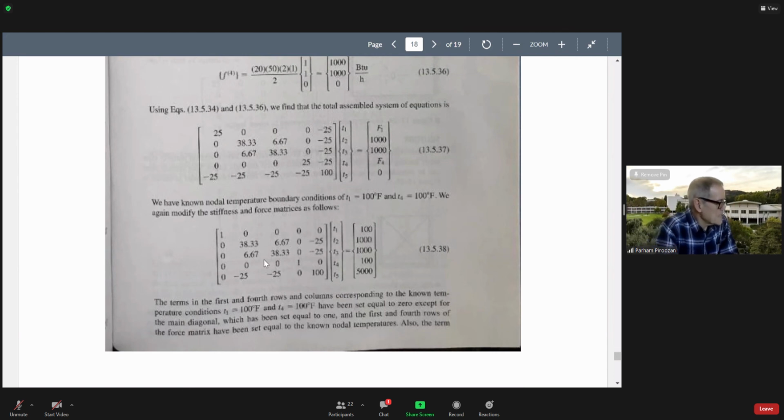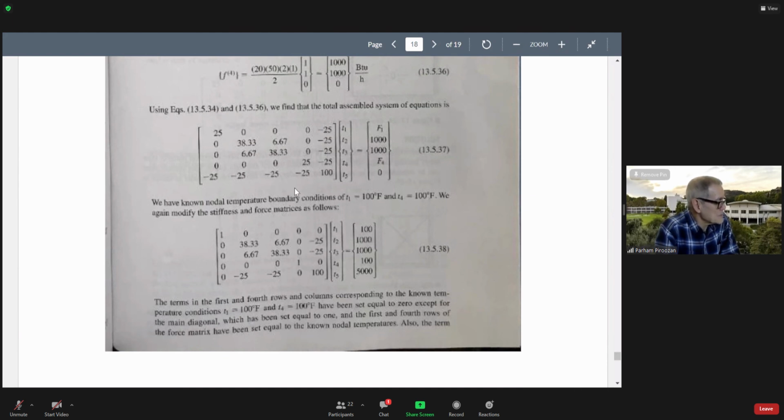Well, let's go back one step. Remember when we made this one 100, I have to make this one 0 and make this one 1. But when you make this one 0, it's not symmetric anymore.